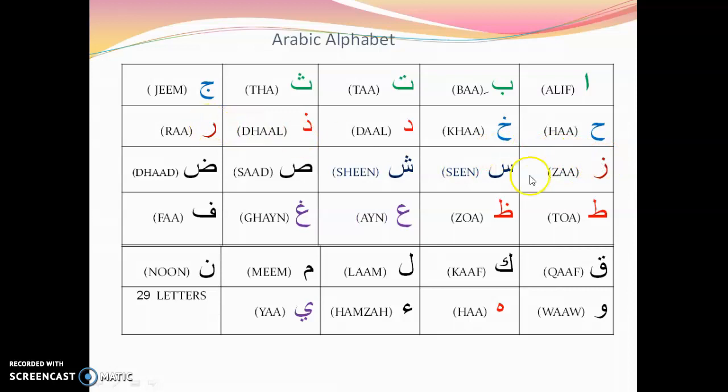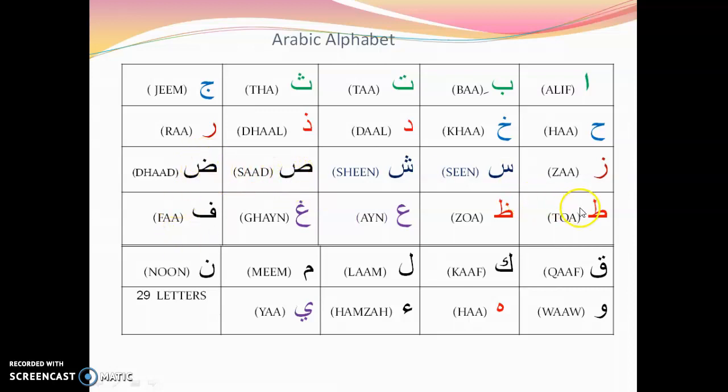So this is Ra, this is Sin. Sin has got no dot at all. These two are similar. The difference is the three dots on top. So Sin, Shin. Sad, Dad. These two are similar, but the only difference is the dot on top. Dad has got one dot and Sad has got no dot.